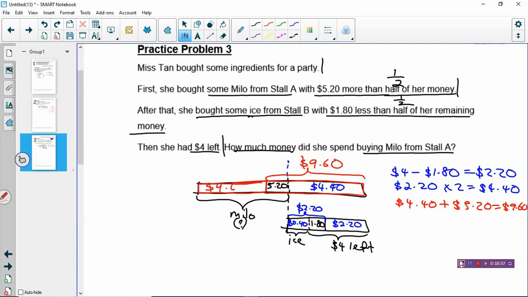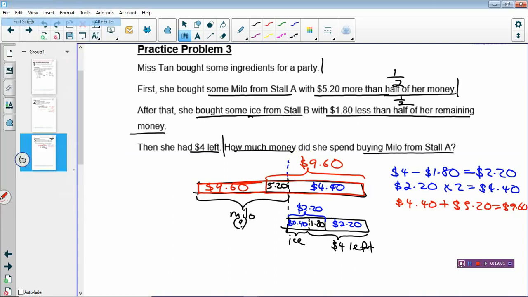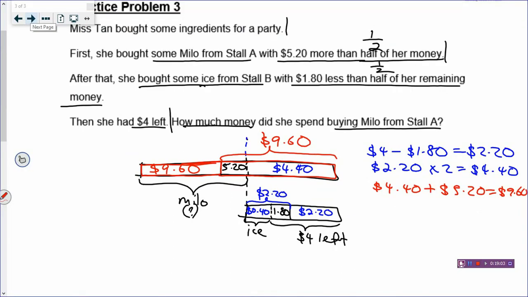Now can you find how much is the Milo? The Milo will be $9.60 plus $5.20. Let me just use my calculator, and you will get $14.80, and you solve the problem.